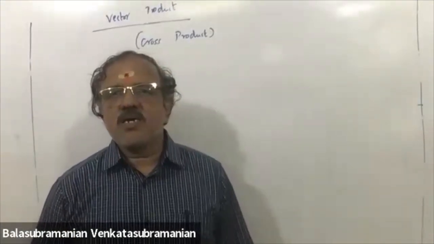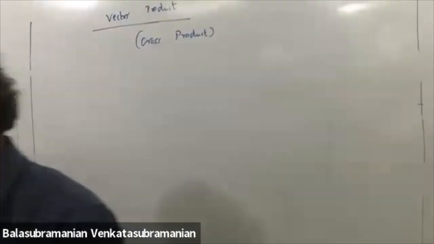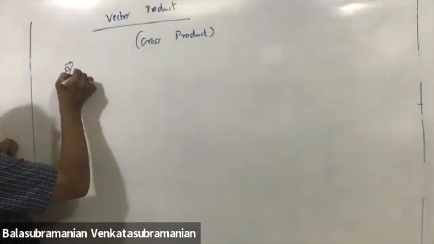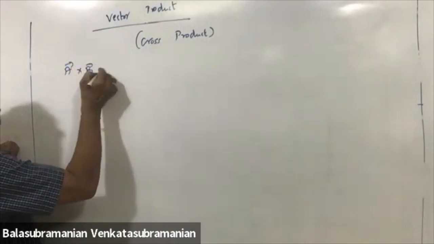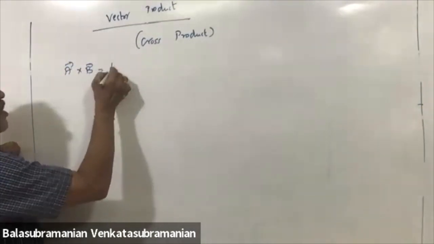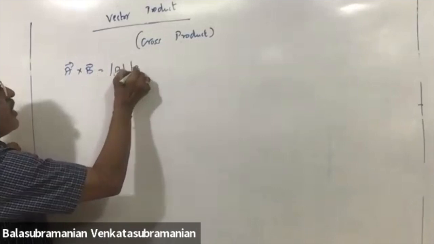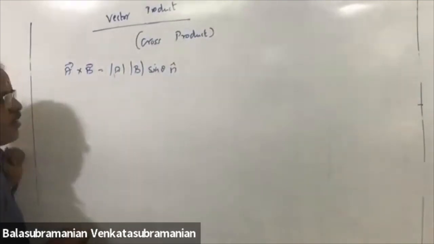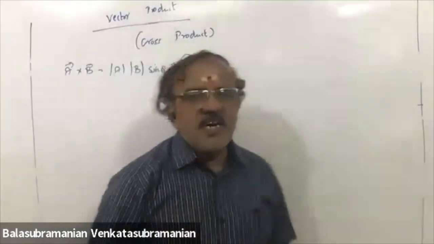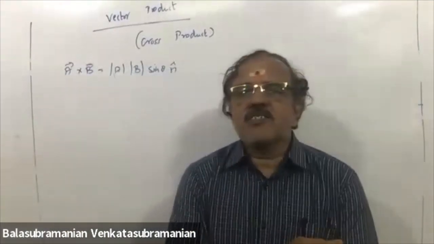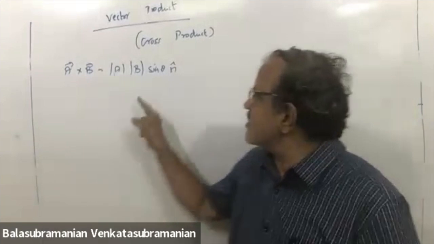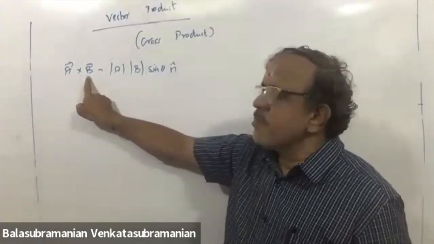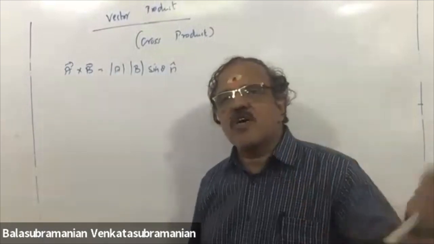A vector cross B vector equals modulus of A, modulus of B, sin theta, n cap. Sir, modulus of A, modulus of B, sin theta is a scalar quantity. A vector cross B vector, resultant is also a vector.